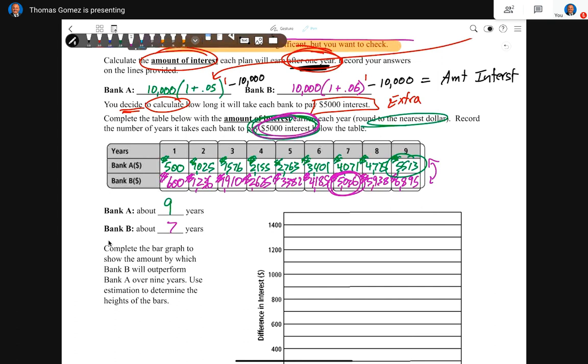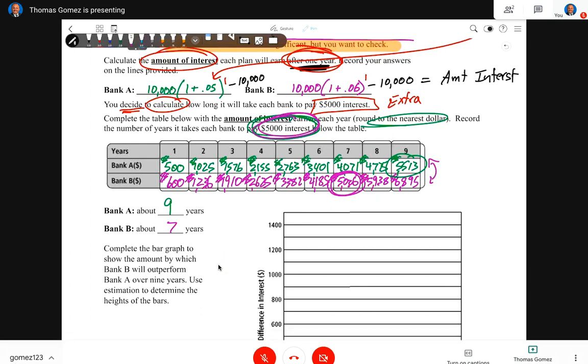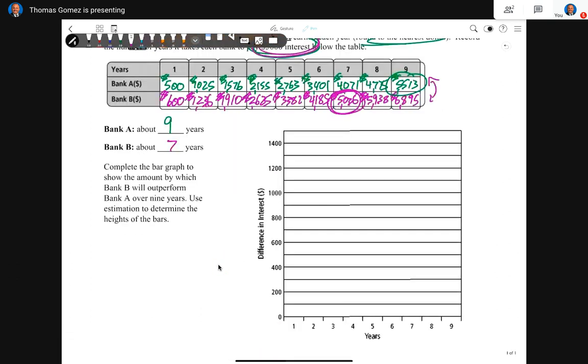So when we're putting them in, if we want to see the difference in interest, okay, of how much money was different, first of all, we can go over here to our graph, and we're looking at the difference between, obviously, the Bank B is the better option. You know what I'm saying?